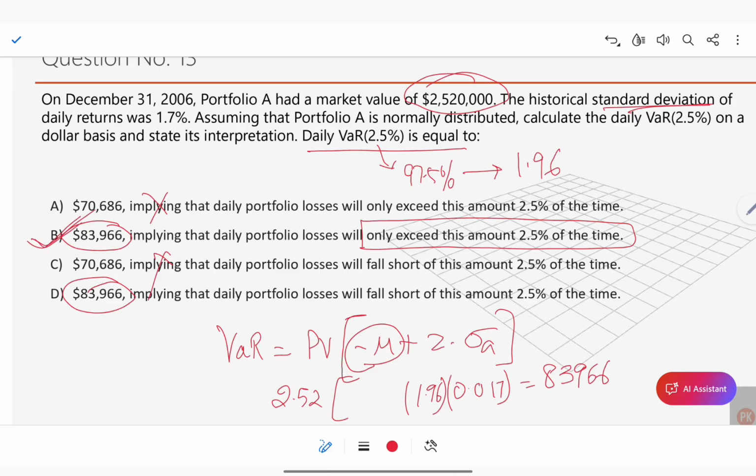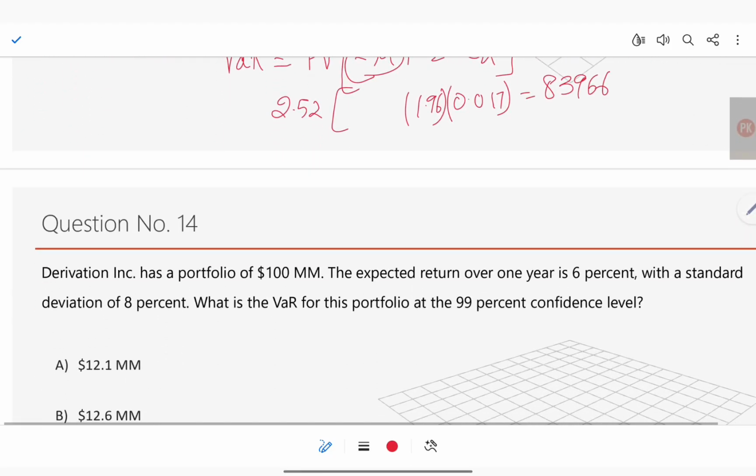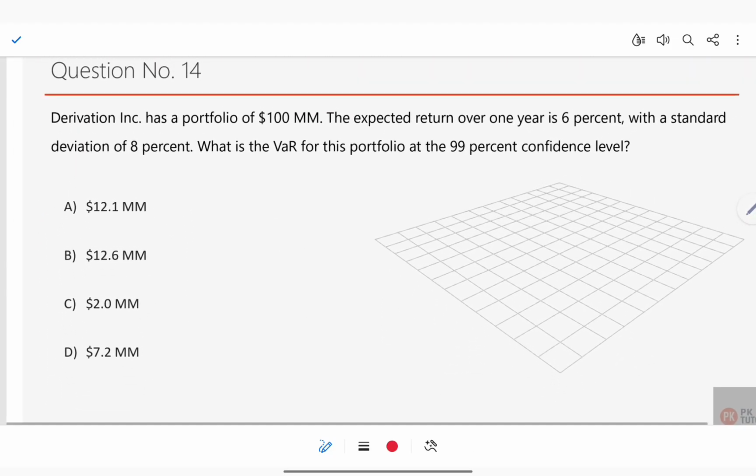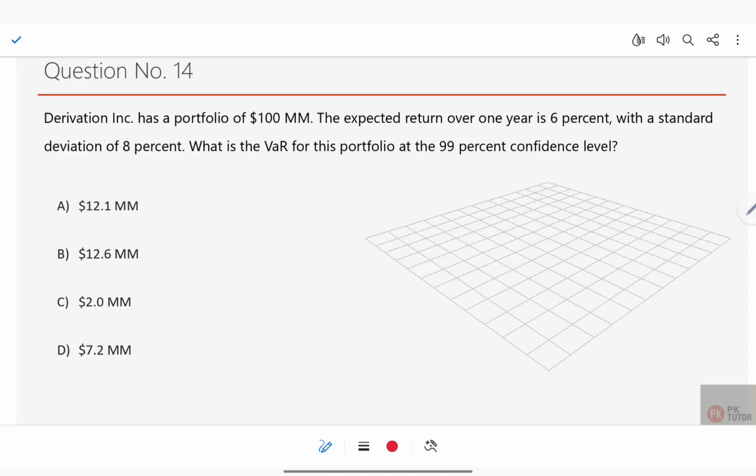Now let's go to the next one. They are asking you to calculate the VAR at 99%. At 99%, what will be the z value? The z value will be 2.326. They have given the standard deviation as 0.08, the portfolio value, and the expected return mu.